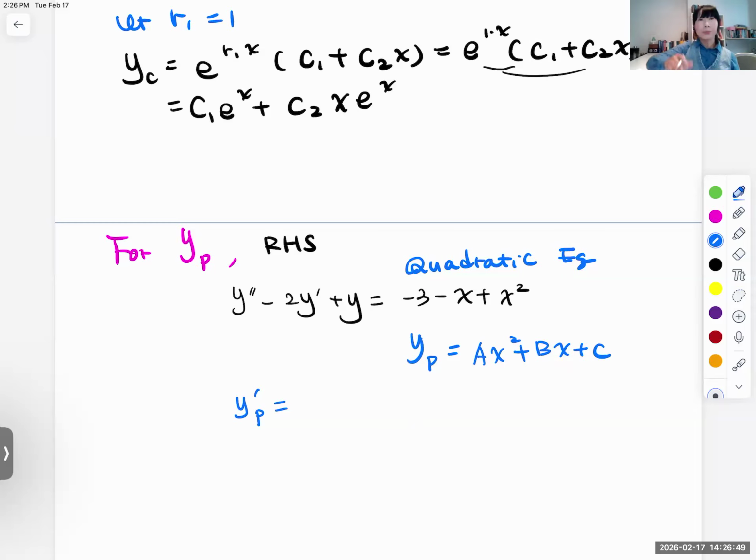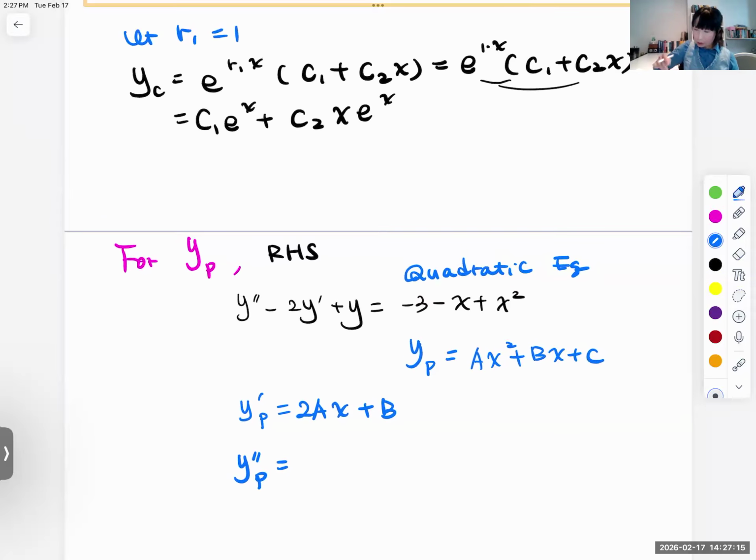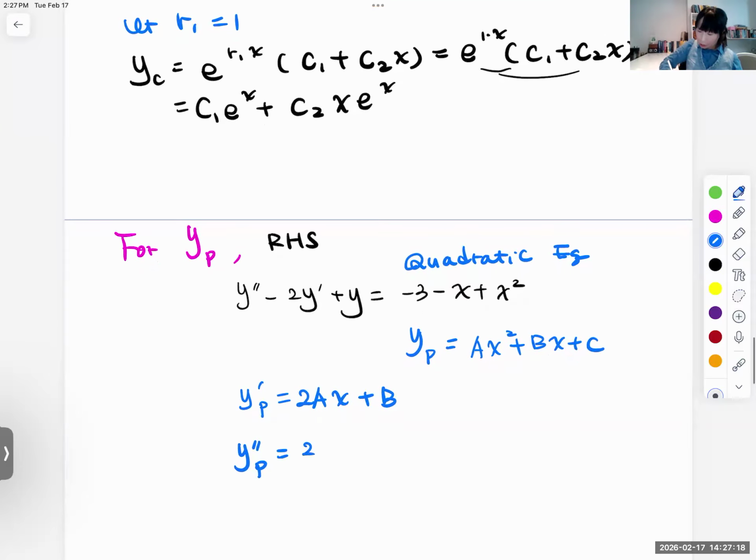It is 2ax plus b, then the constant is 0. Now we find another derivative. The second derivative is 2a, and then 0.